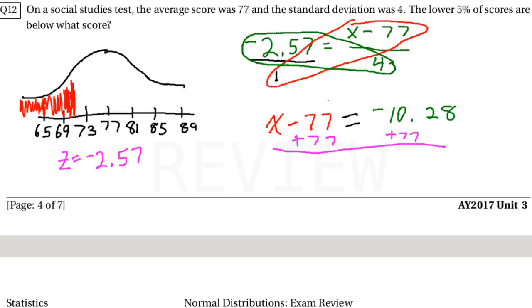When I do that, I'm going to get that my x is equal to 77 minus 10.28, and I get 66.72. So my best guess is that the bottom 5% of scores are below 66.72.